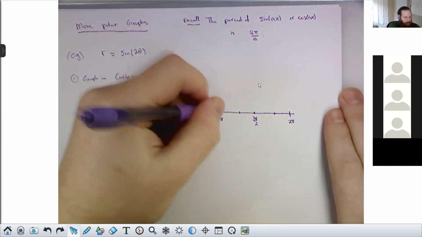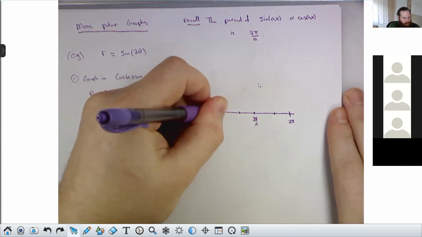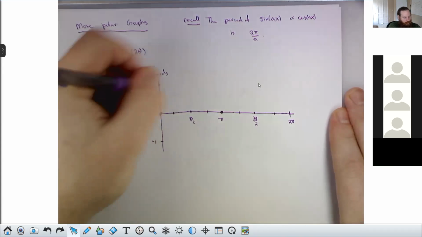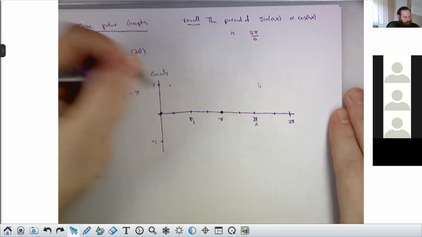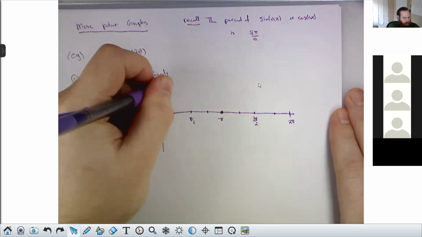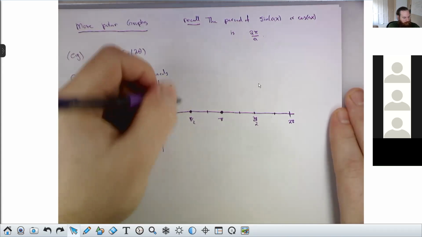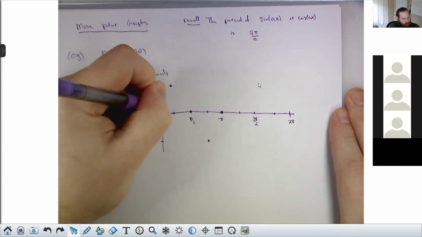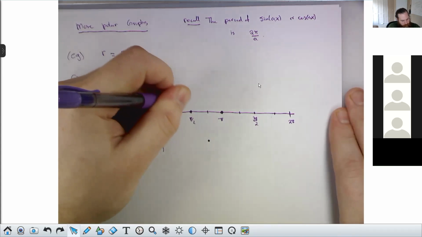So I've got one full period between 0 and pi. So I know I'll be all the way back here. By the time we're at pi over 4, you should be up to 1. Back to 0 by pi over 2 and down to -1 by 3 pi over 4. So my first period of this wave looks like this.